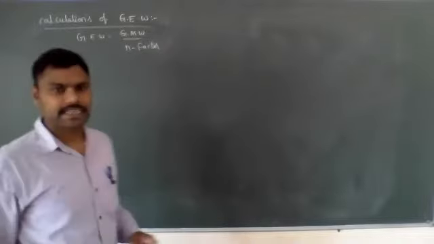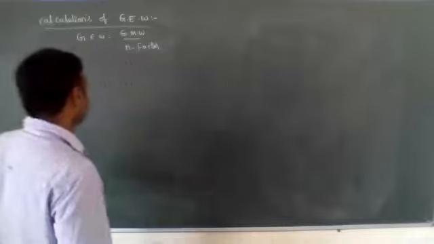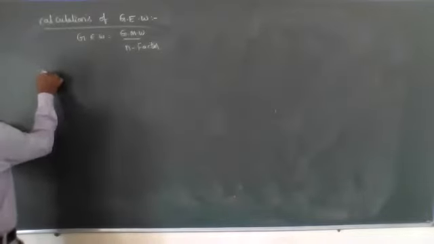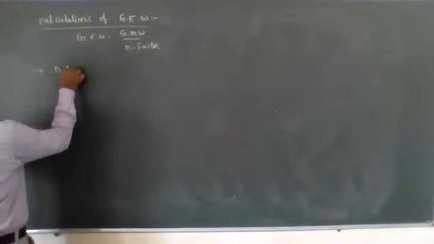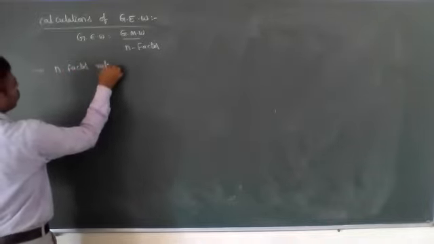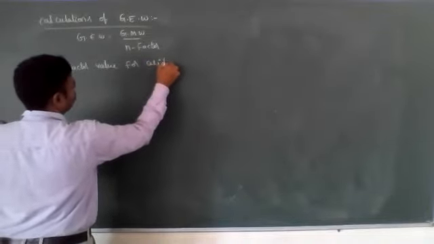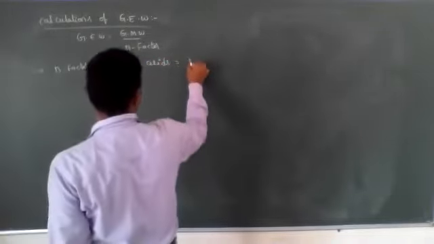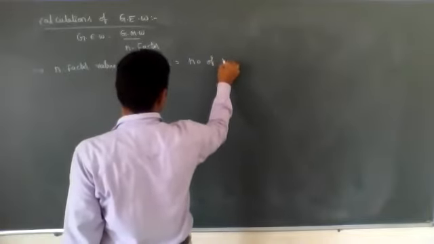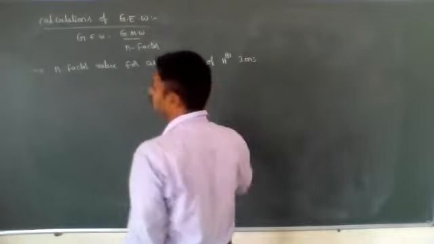So n factor is changing; if n factor changes, then gram equivalent weight will change. Now for acids, the n factor value is equal to the number of H plus ions.